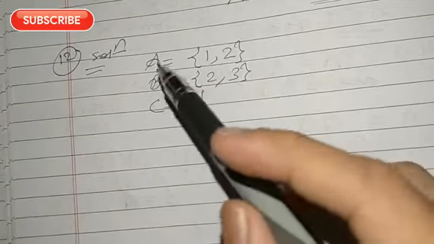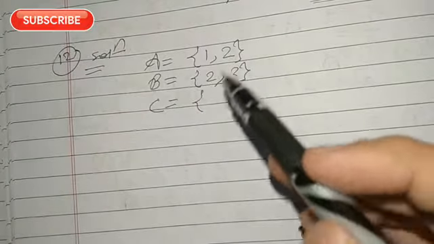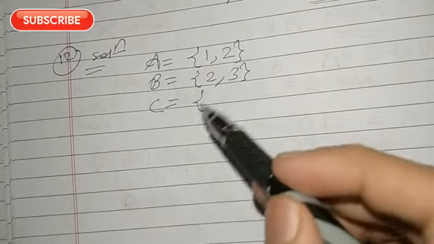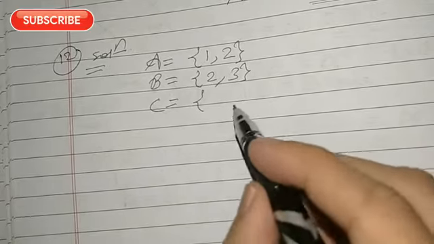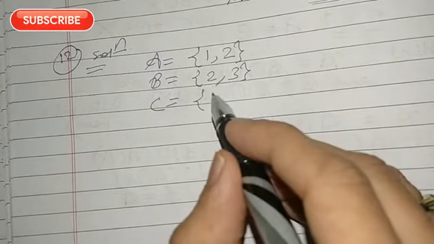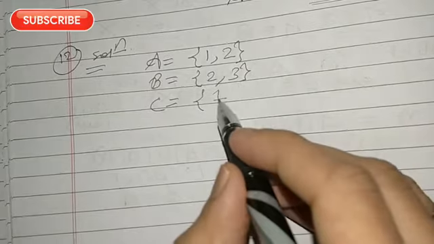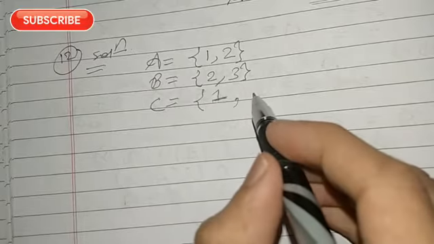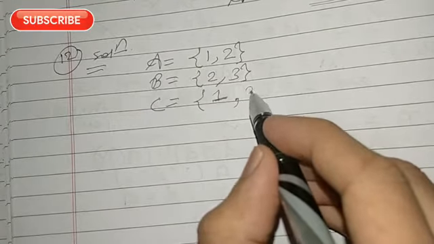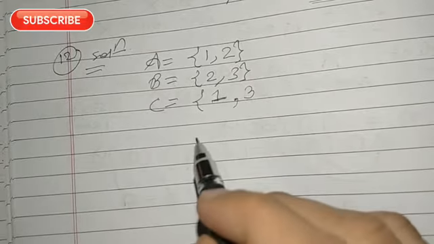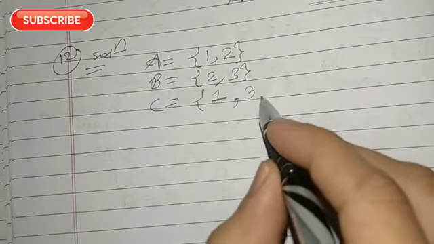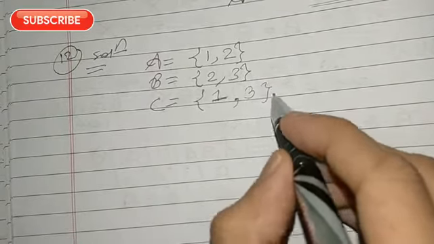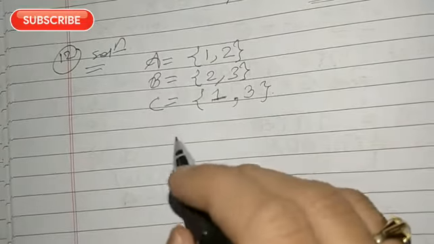There should be a common element between A and C, and also a common element between B and C. So what I will do is I will take the element 1 from the set A in the set C, then I will take the element 3 from the set B. So these are the sets A, B and C.